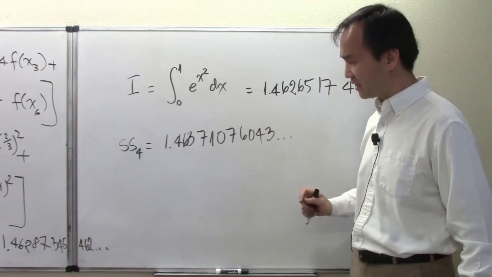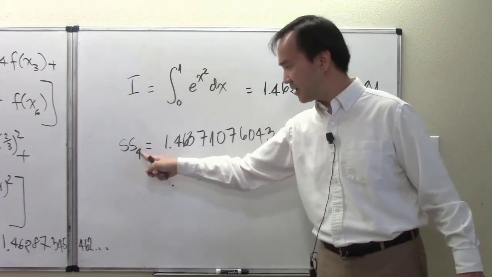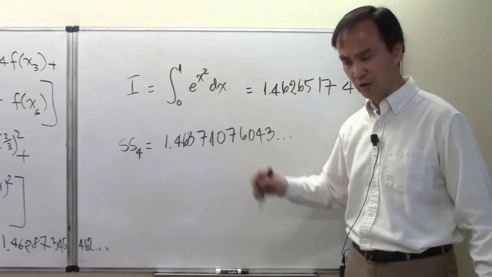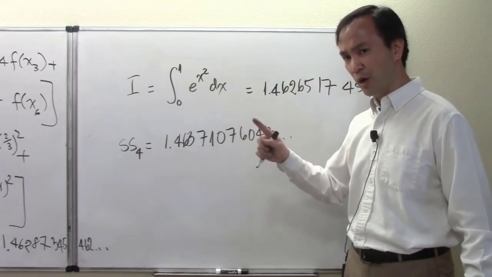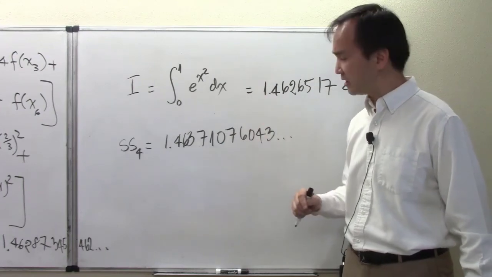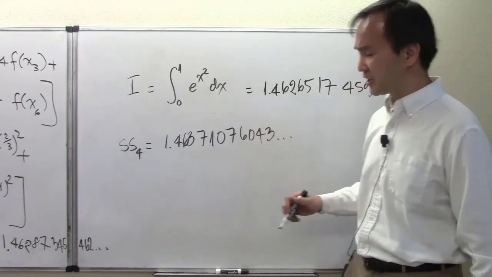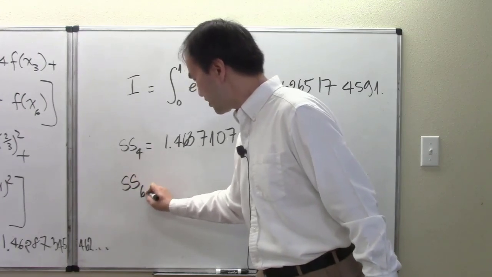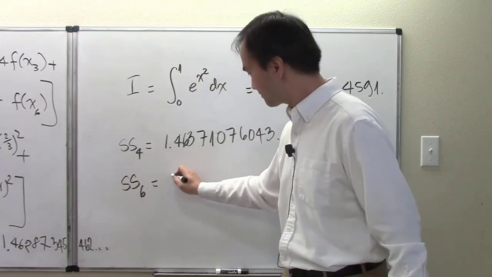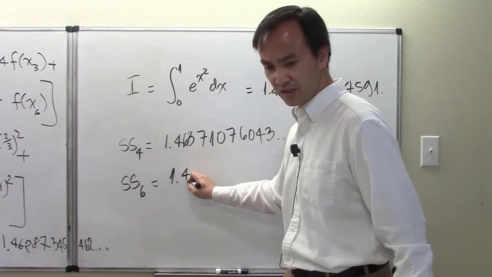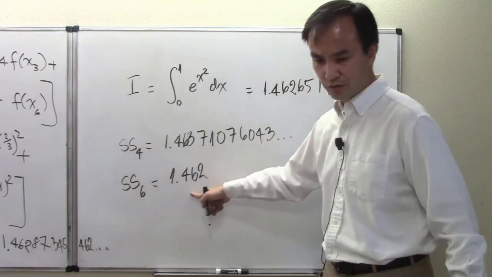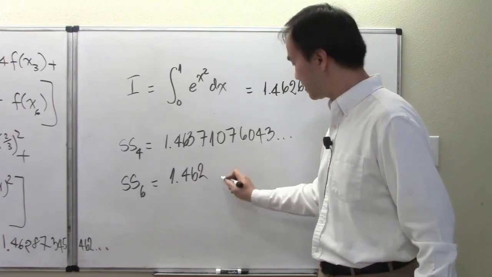The answer in 4 subintervals already came close enough in 2 decimals, whereas, if I recall correctly, it was a 0.03 difference using the trapezoid method. Then we're looking at S6 right here. We came even closer, 1.462, 3 decimals close.